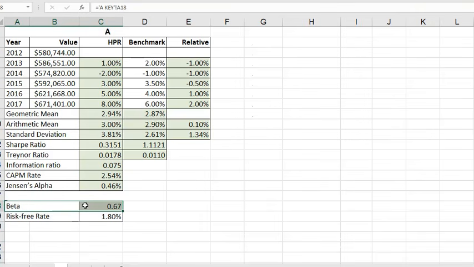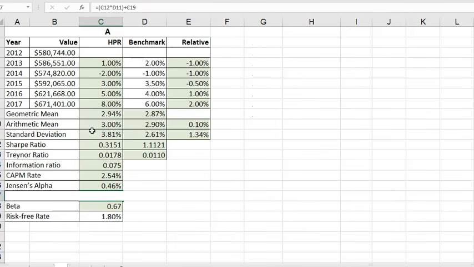We were less risky than the market. What return should we have generated if we were basing our return on this risk level? We should have gotten 2.54, but we got 3, you see. So we generated an alpha or an excess return beyond the return we would expect based on risk, by 0.46%.